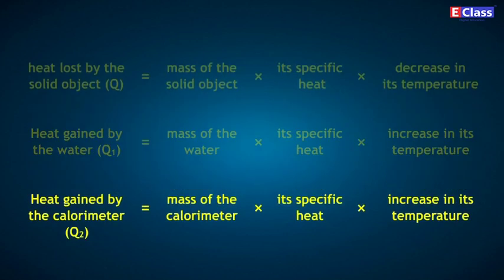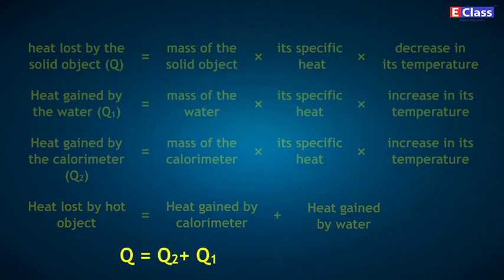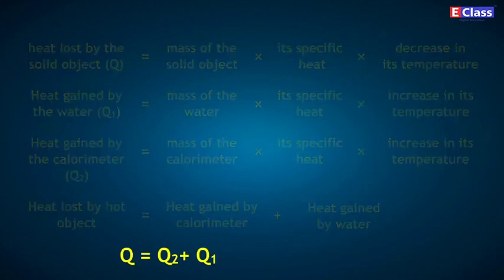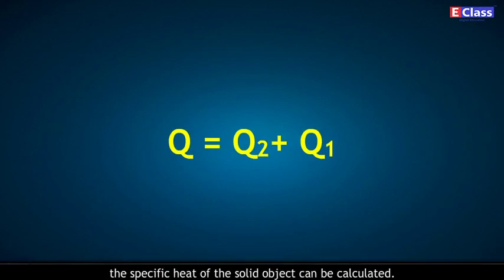Heat gained by the calorimeter Q2 is equal to the mass of the calorimeter times its specific heat times the increase in its temperature. Heat lost by the hot object is equal to heat gained by the calorimeter plus heat gained by the water. Q is equal to Q2 plus Q1. Using these equations, if the specific heat of water and the calorimeter are known, the specific heat of the solid object can be calculated.